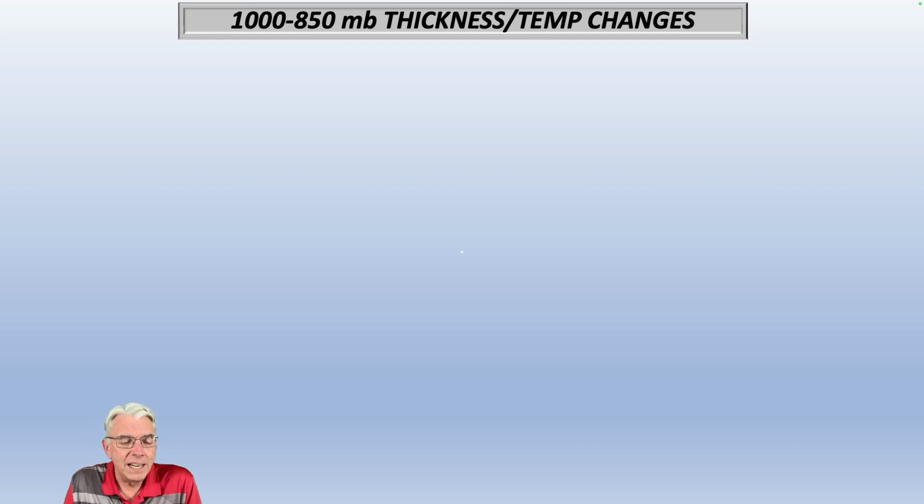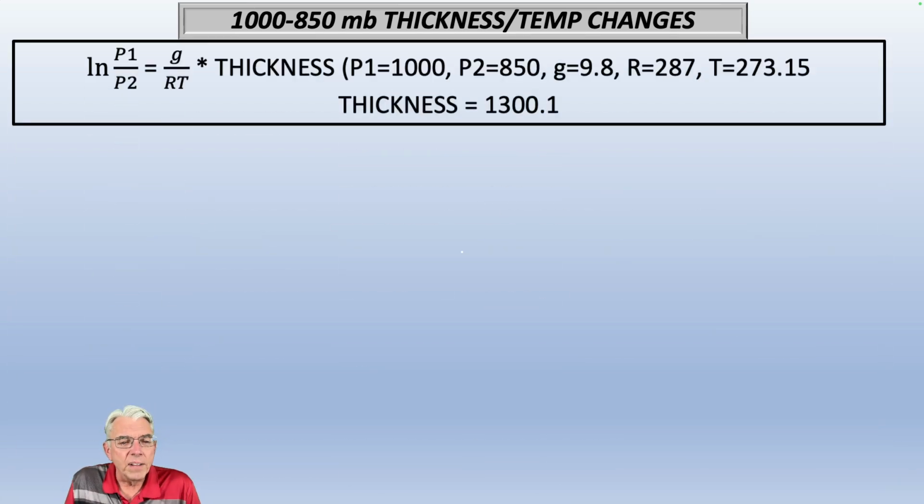So that's the basic idea behind 1,000-850 millibar thickness or any thickness you want to look at. You can do 1,000-500, you can do 850-700, whatever you want. In this case, 1,000-850, which is roughly the lowest mile of the atmosphere. Okay, so I'm not going to go through the whole derivation of the equation, but this is called the hypsometric equation.